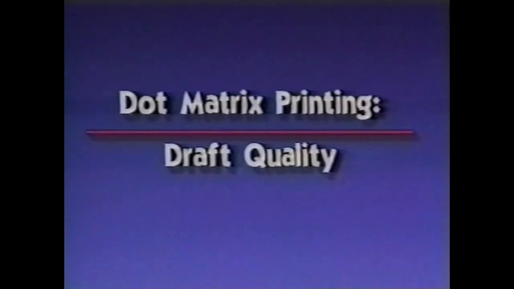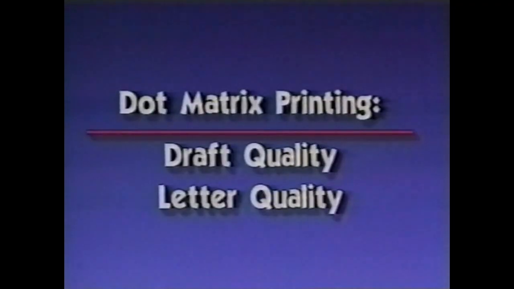It's common for these printers to work at 2 speeds. Draft quality type is very fast to print, but the printer gets the printing speed by printing fewer dots, and so the type isn't as correctly formed. Letter quality printing is usually slower, but the larger number of dots printed gives far better looking type and graphics.